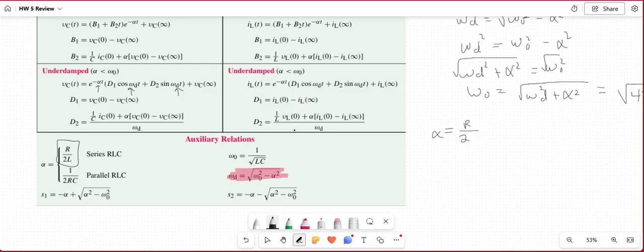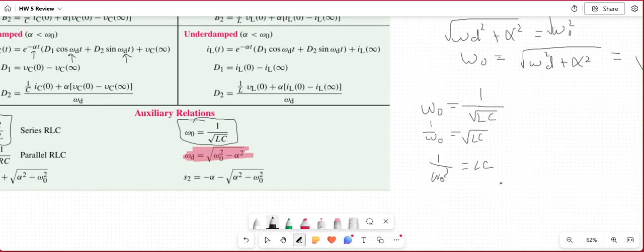Let's do this here first. W naught equals 1 over square root of LC, to find L. When you rearrange, square root of LC equals 1 over W naught, so 1 over W naught squared equals LC.